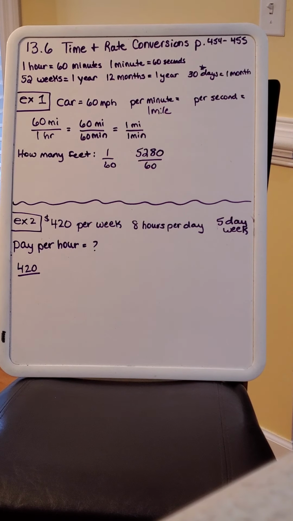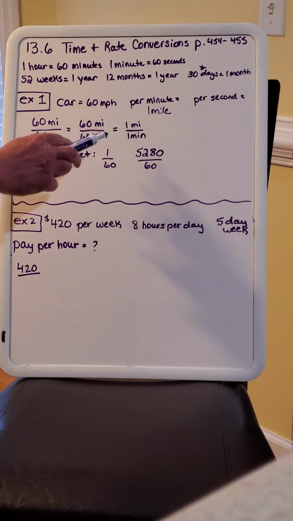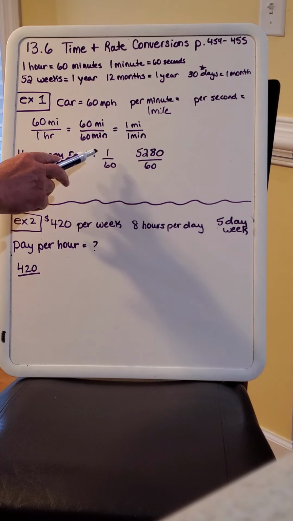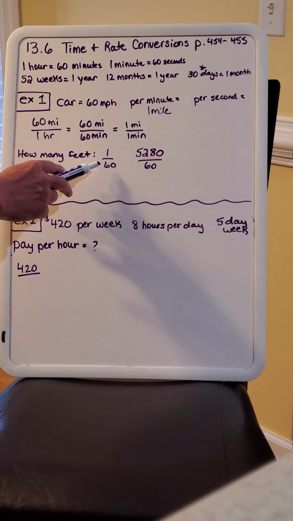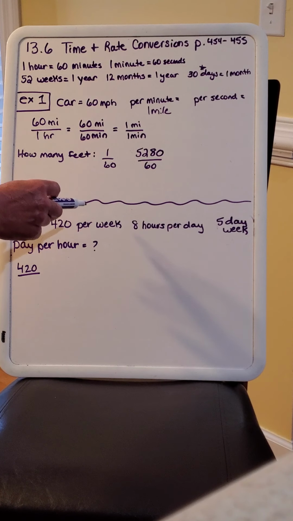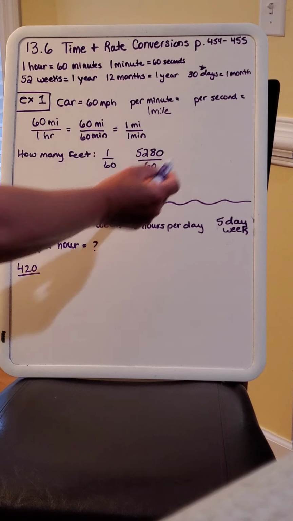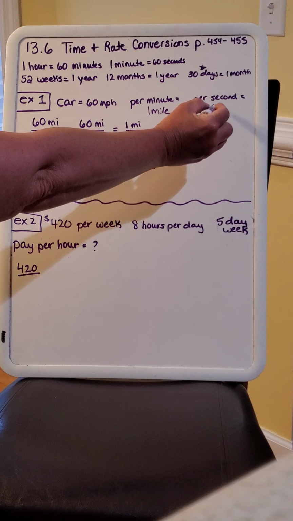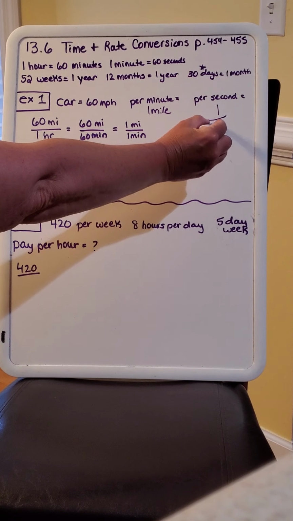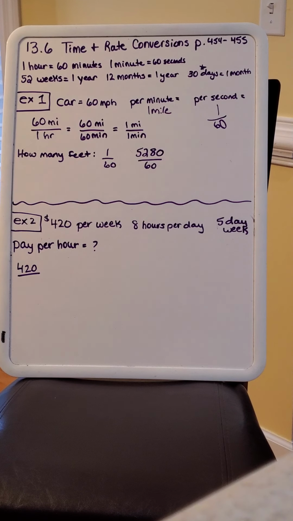And then how much is that per second? So we have that 1 mile per minute. So 1 divided by 60. If you divide, you're going to get a decimal, so just leave it as a fraction. So you will go 1/60th of a mile per second. And so how many feet is that?